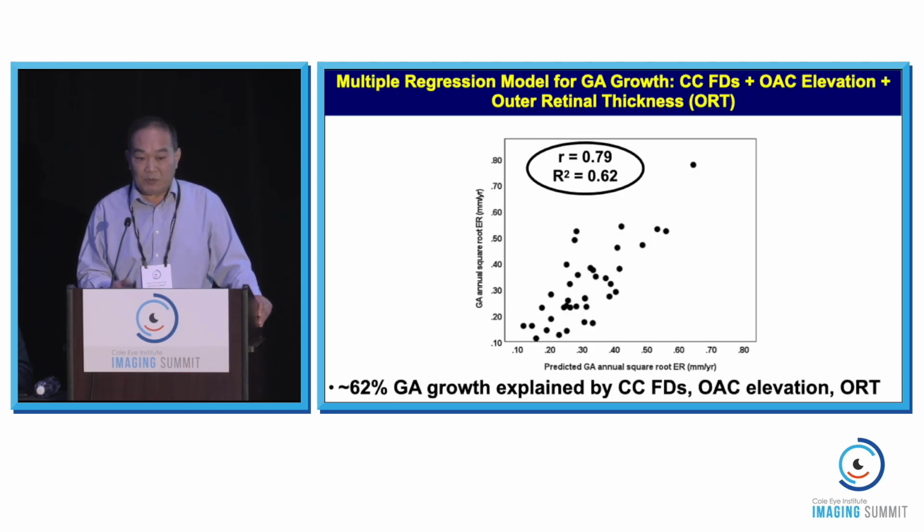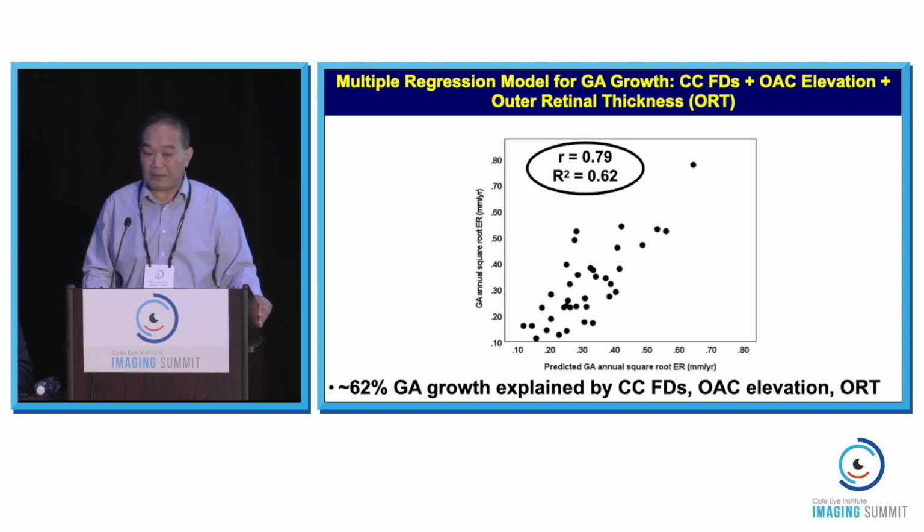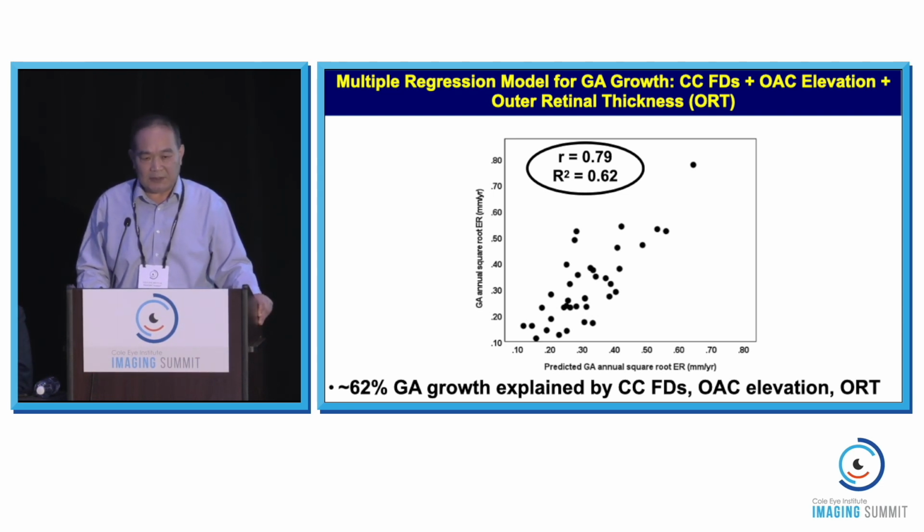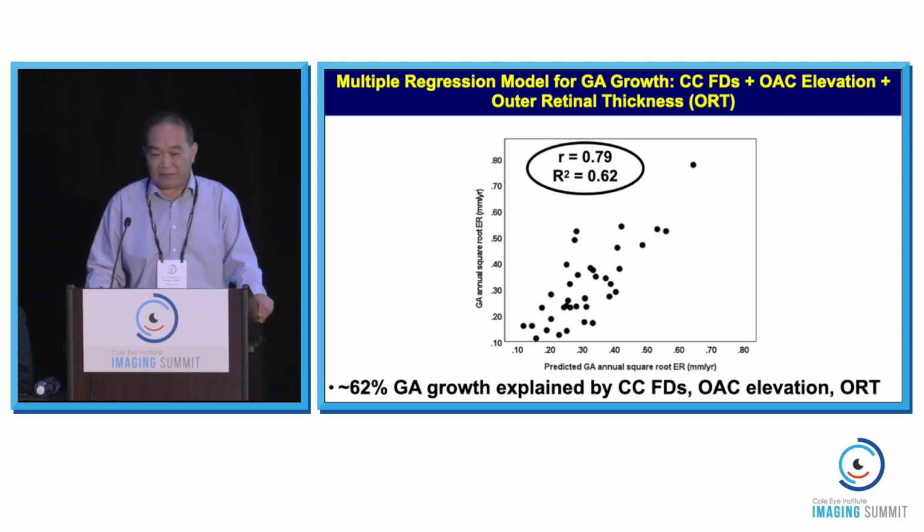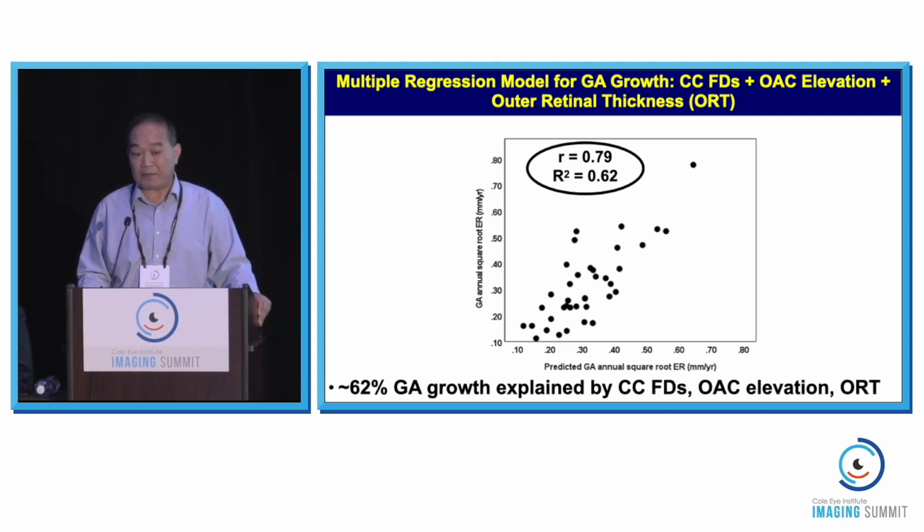And we plug this information into the other parameters, for example, the choroid capillary flow deficit, and also the OAC elevation, which is really kind of a surrogate for the drusen volume measurement. We put these three variables into the multiple regression model to predict the growth rate at baseline, which gives you the explanation of about 62% of the GA growth.